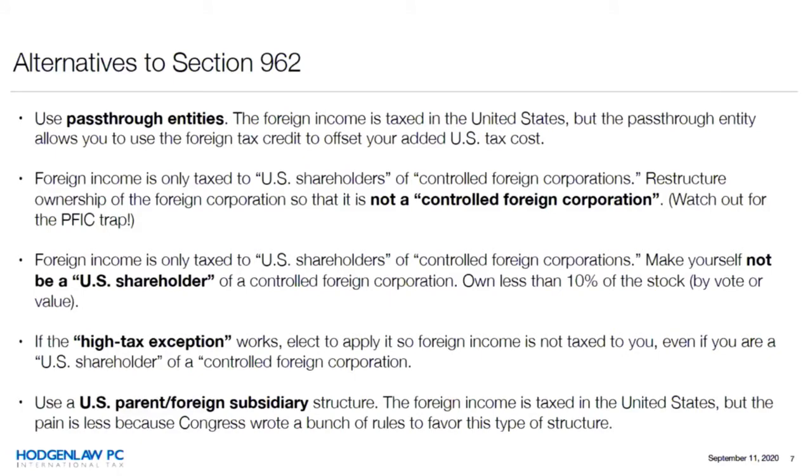Now, there are some alternatives if you don't want to use the Section 962 election. Think of it this way. A U.S. shareholder has this pass-through income, Subpart F income, or global intangible low-taxed income, if three things are true. Number one, the corporation is a controlled foreign corporation.